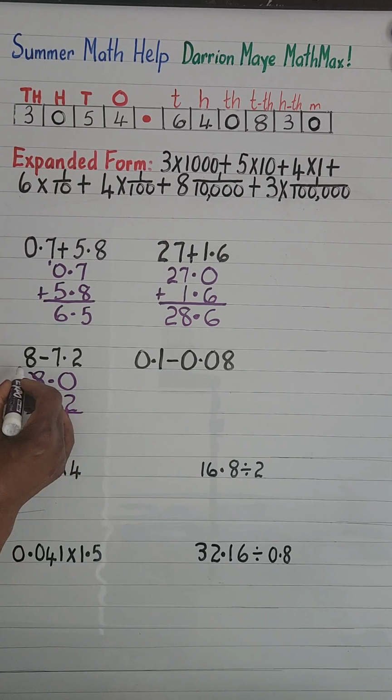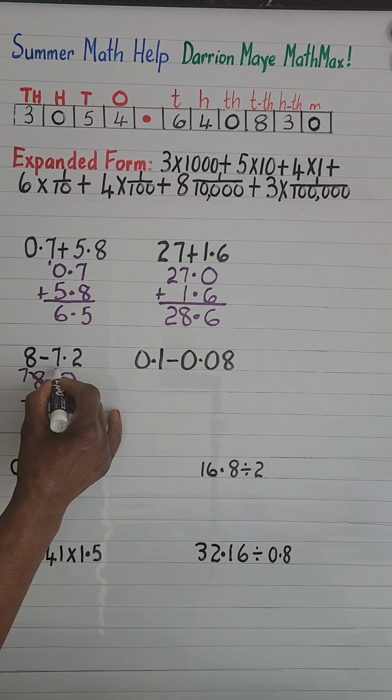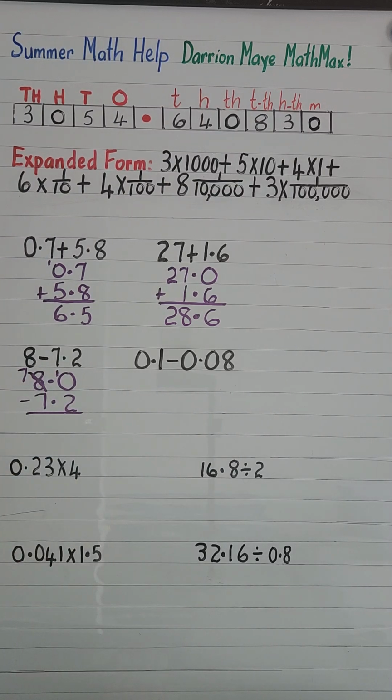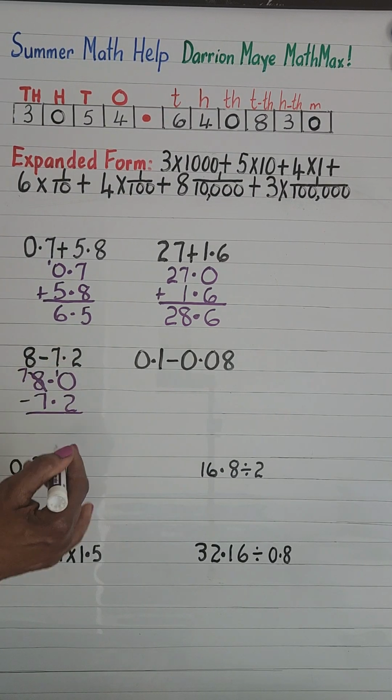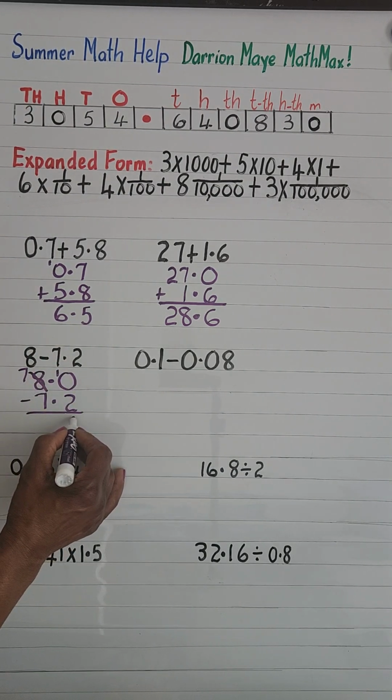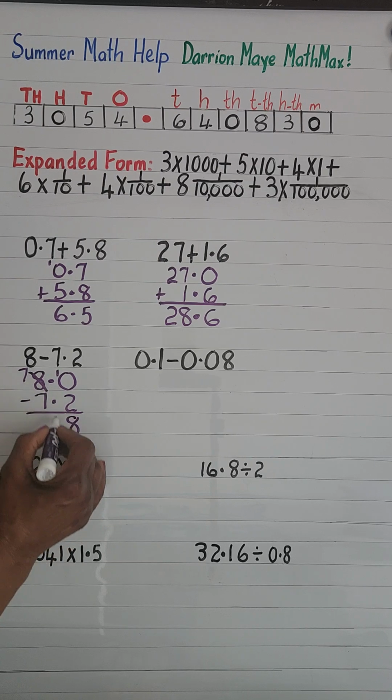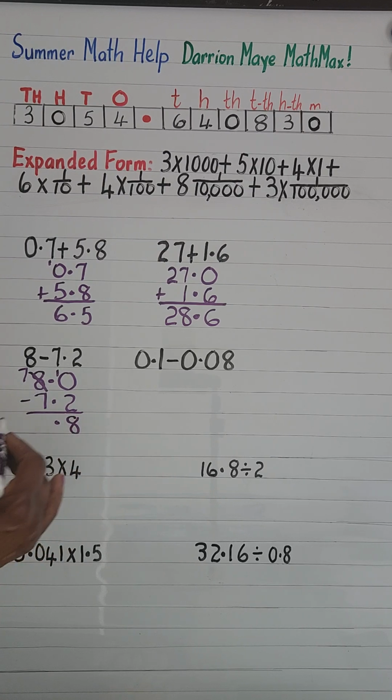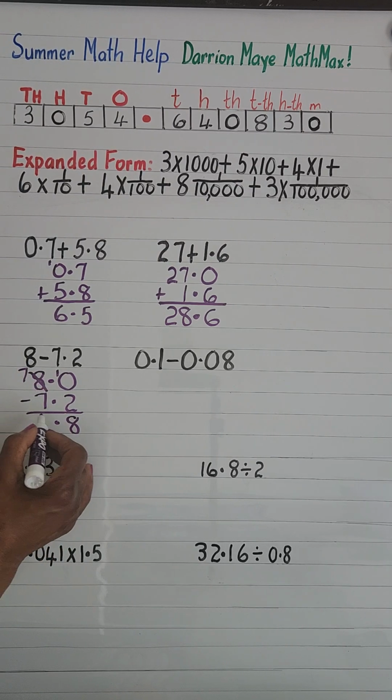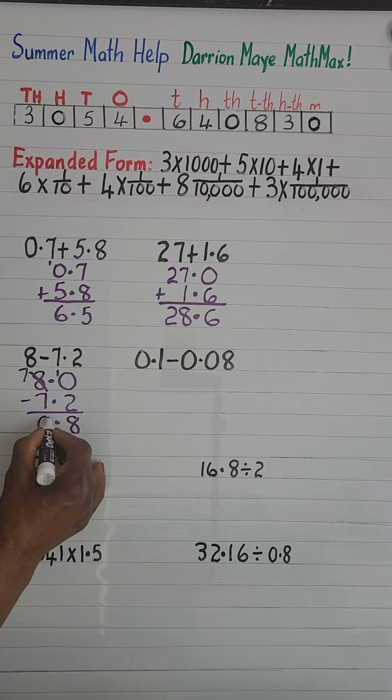We borrow 1, leave 7. And the 1 is 10. 10 plus 0, 10. So now we can subtract, 10 take away 2, 8. Line up the point in the answer. 7 take away 7, 0.